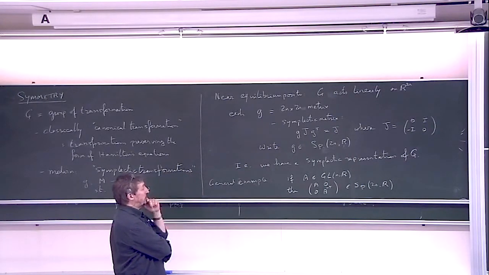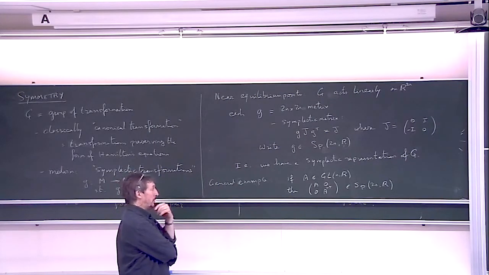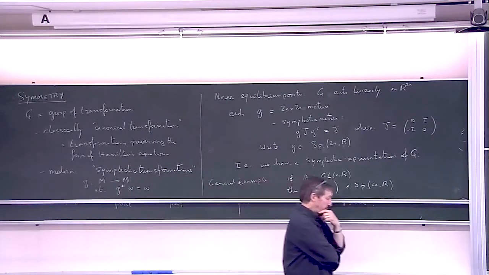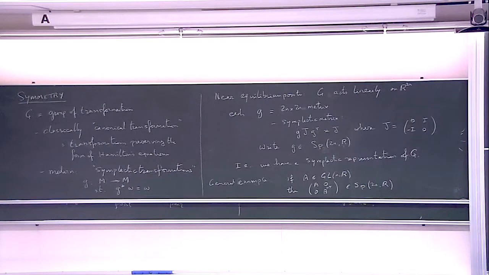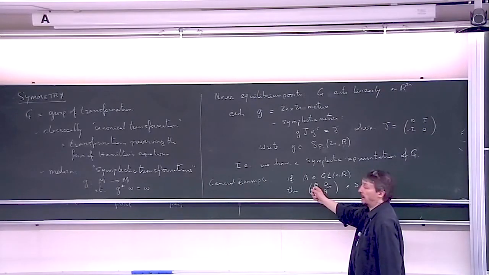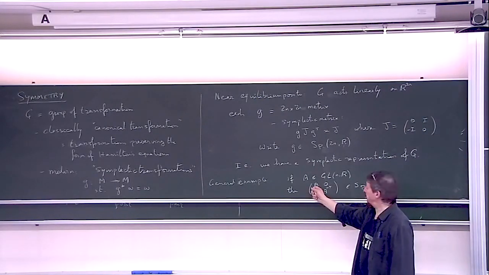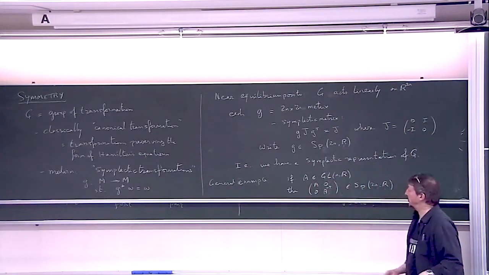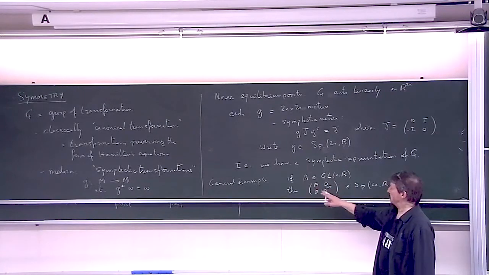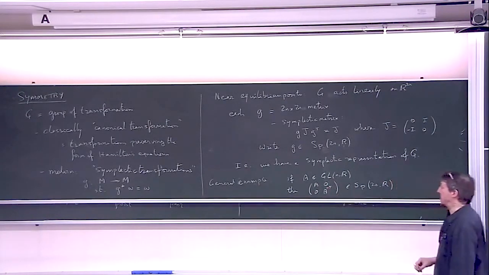And that's the typical sort of matrix one obtains from such symplectic symmetries. So usually you would think of A as being an orthogonal matrix, because there's some geometry involved as well. Then A inverse transpose is the same as A, so it's just two copies of the same matrix.